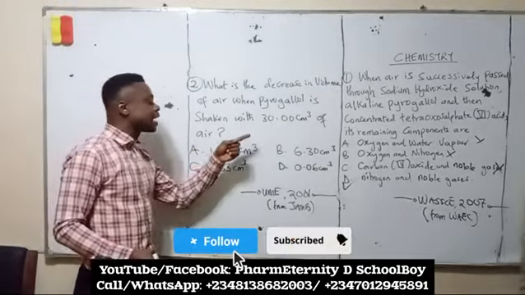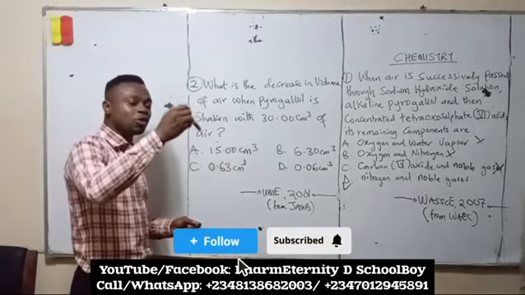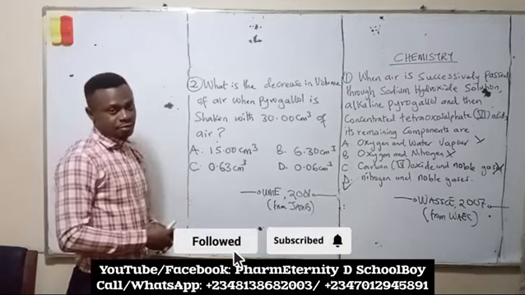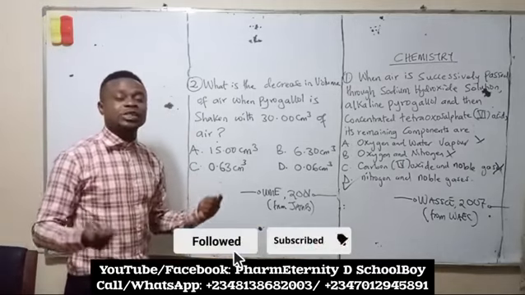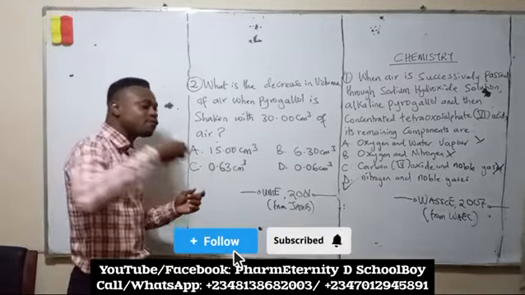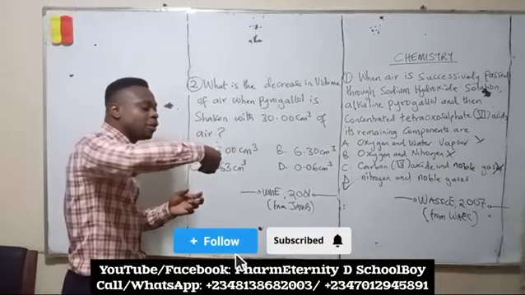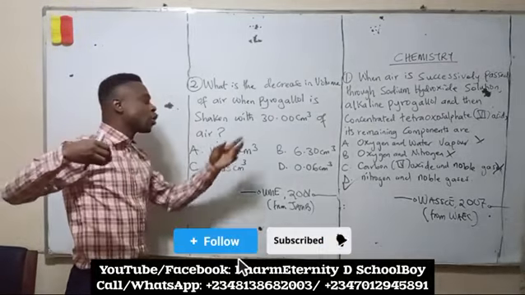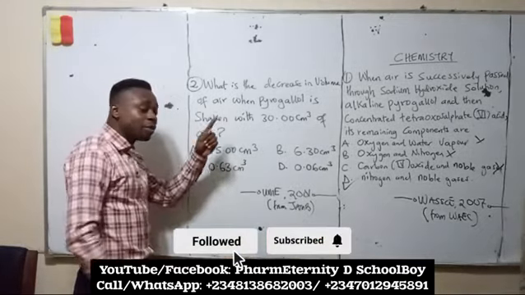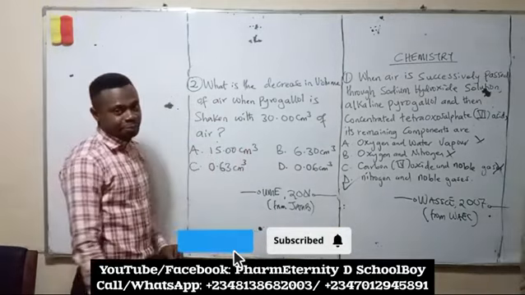For us to be able to calculate that, we should know the percentage composition of oxygen in air. If we know the percentage composition of oxygen in air, then the amount of oxygen that is taken from the air will correspond to the percentage component of oxygen that is present in that air.